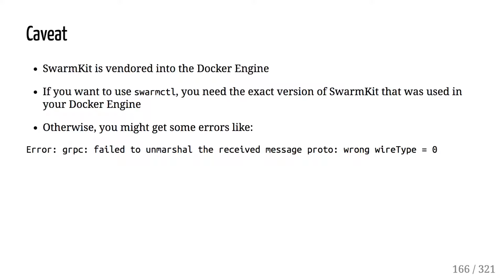A little warning, as I mentioned briefly in the beginning: don't think that swarmctl is the official SwarmKit API CLI. It's more like a little demo tool that you can use to talk to the SwarmKit API directly. Think of it more as an example program rather than an actual tool.